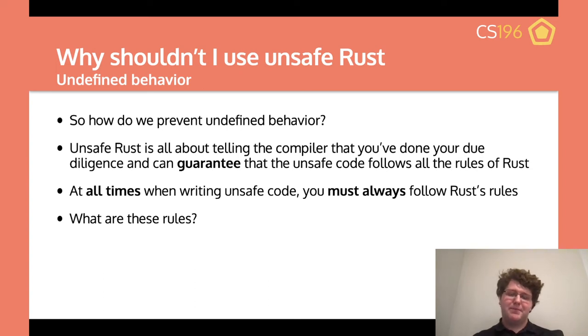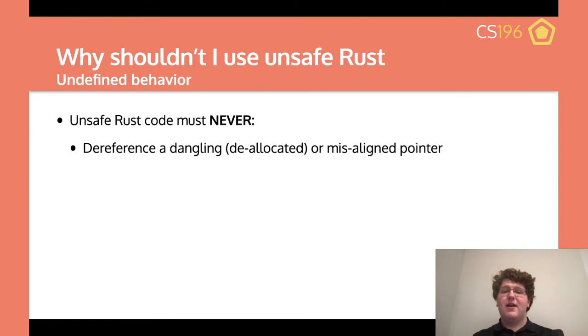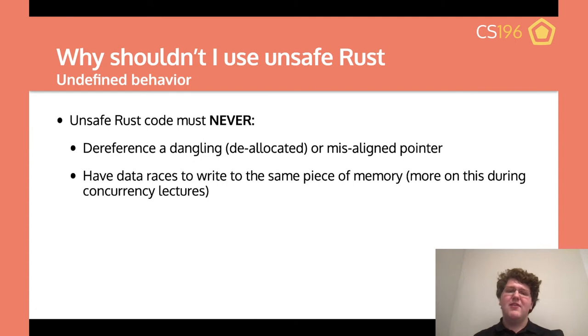We know what we're doing. And so what are the rules? Well, unsafe Rust code must never, ever dereference a dangling, which means deallocated, or misaligned pointer. This is what we just talked about. It must never have a data race to write to the same piece of memory.